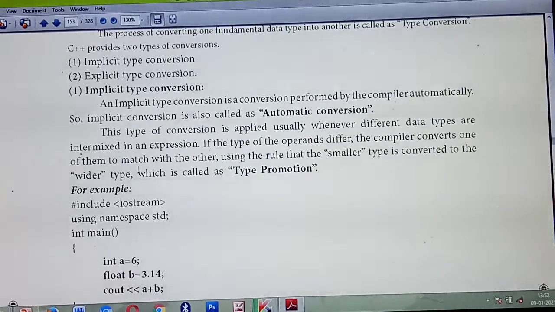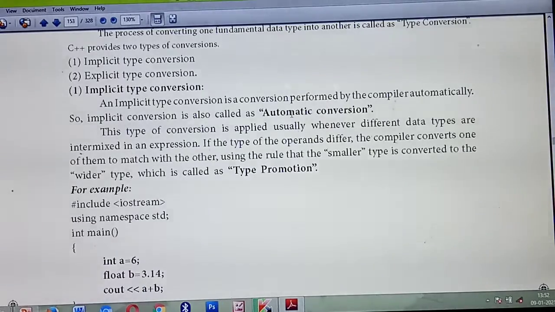So you need not convert any data type. That type of conversion we call implicit conversion. Okay. So what's the other name of implicit conversion? Automatic conversion. One more important question, mark it. What's the other name of implicit conversion? Automatic conversion. Okay.